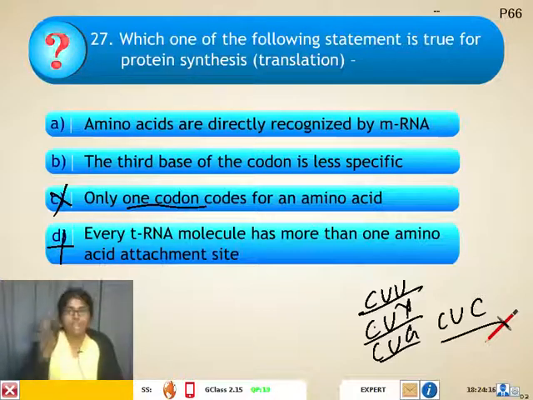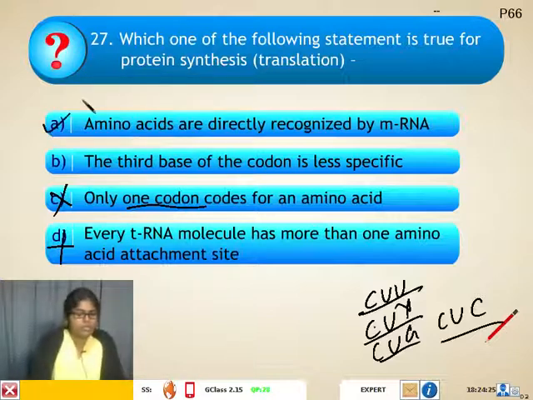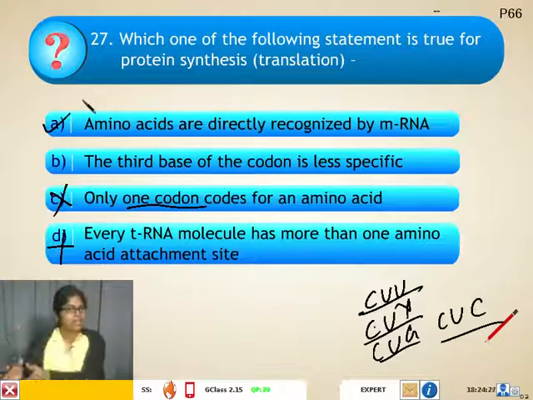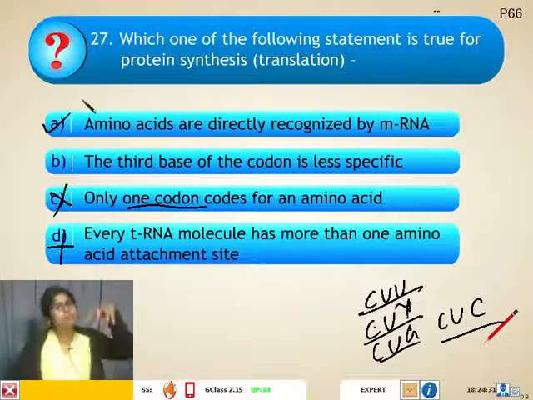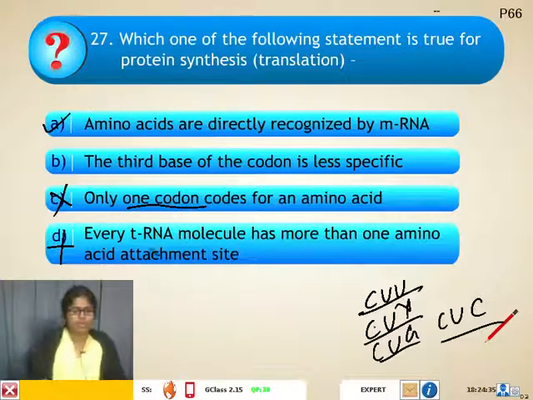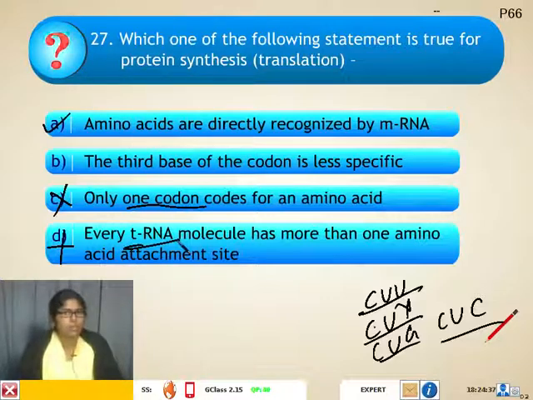Now let's go for option A. Amino acids are directly recognized by mRNA. Is it so, students? So whatever amino acids are there in the cytoplasm will directly come and bind to this mRNA. Then what is the function of tRNA? Why should a cell make tRNA?